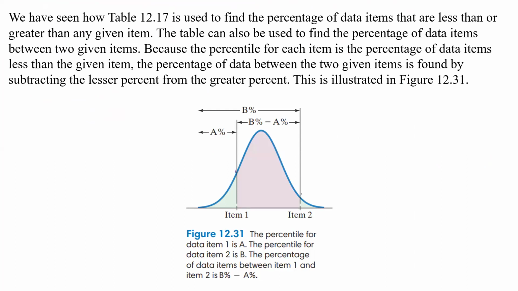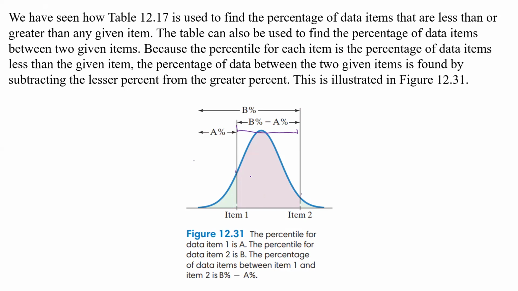Because the percentile for each item is the percentage of data items less than the given item, the percentage of data between two items is found by subtracting the lesser percent from the greater percent. Item 1 gives us this value when we find the z-score, and item 2 gives us the whole thing. So if we take the whole thing minus that, what we're left with is what's in between.